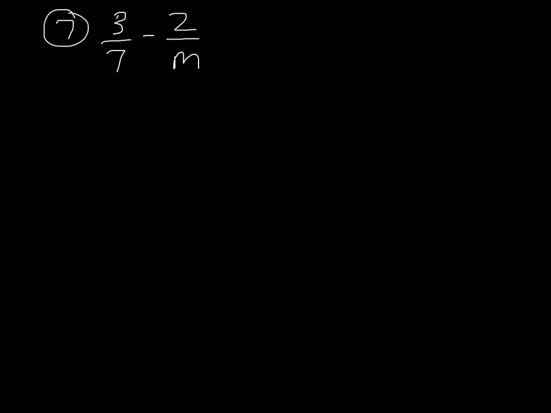Well, we multiply by the opposite numbers. So this one I'm going to have to multiply by m, and this one I'm going to have to multiply by 7. So my new problem is 3m over 7m minus 14 over 7m.